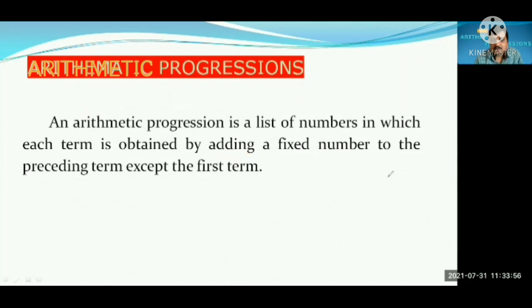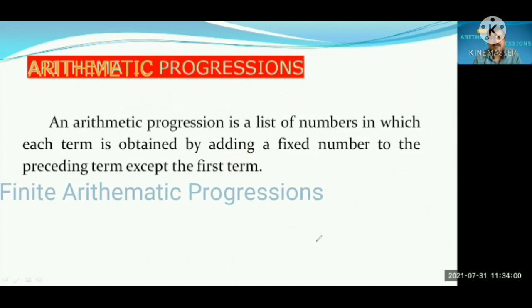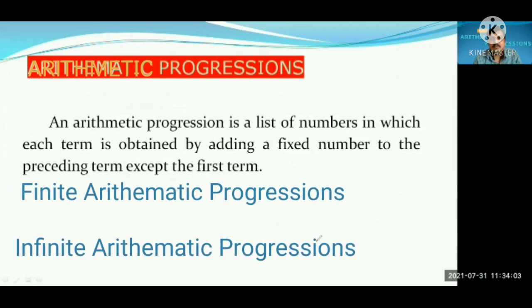In this, we can see two types of arithmetic progressions. One is finite arithmetic progression and another is infinite arithmetic progression. Finite means the number of terms in the progression is fixed. It may be 10 or it may be 5.